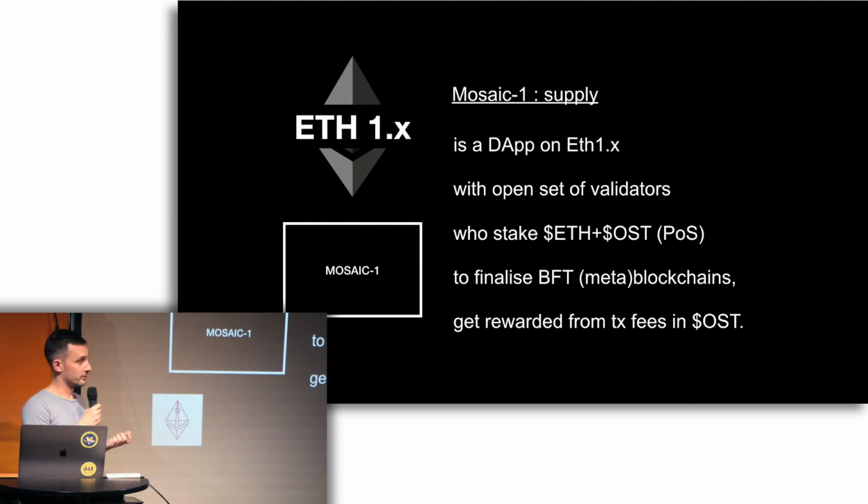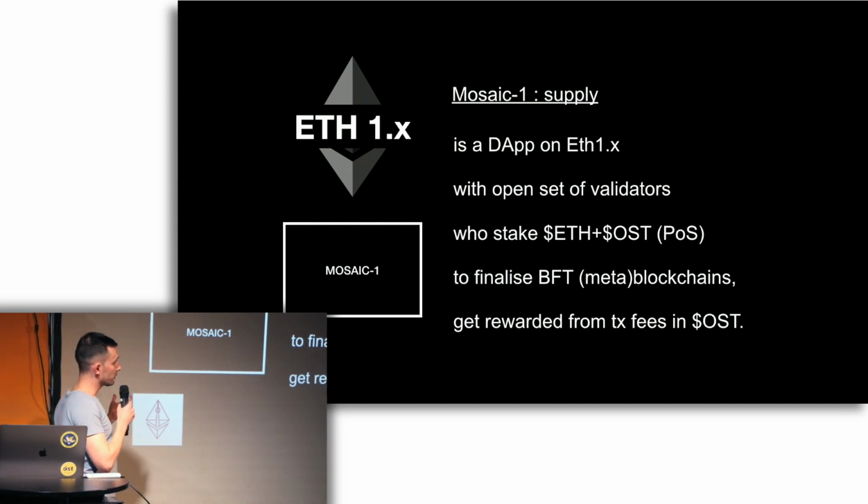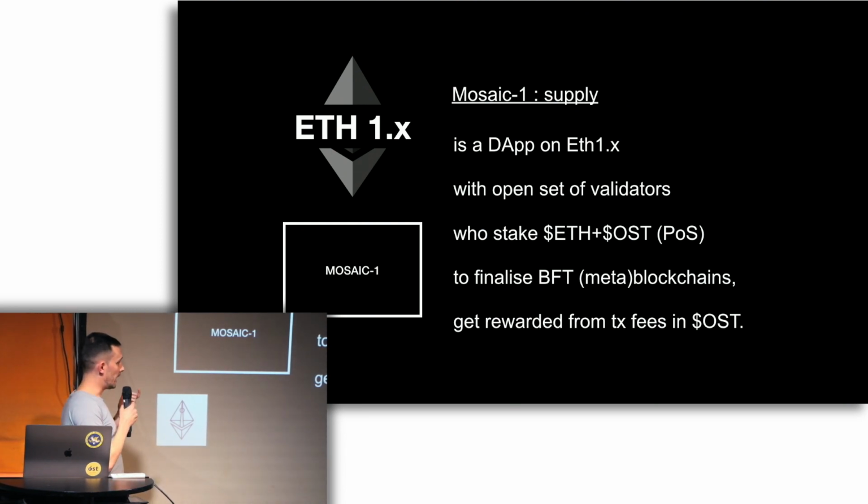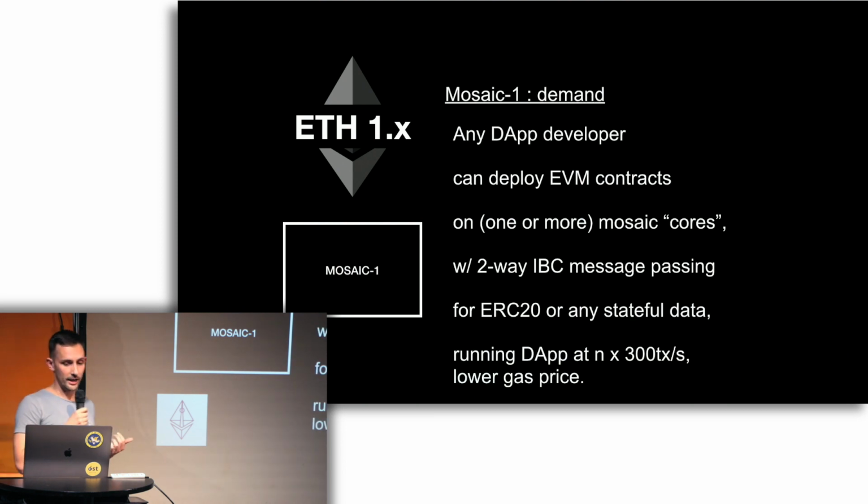And so on the supply side, Mosaic is a dApp, a set of contracts on Ethereum 1x with an open set of validators, and you need to stake ETH and OST to finalize Metablock chains and get rewards from transaction fees in OST. On the demand side, any dApp developer can now deploy EVM contracts to one or more of these Metablock chains, or cores.